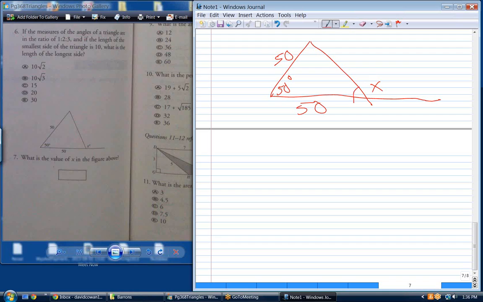So this angle opposite that 50 has to be equal to the angle opposite that other 50. Since this one is 50, what are these two angles if they're equal? 70? That would be 70, 70, and 50, which is 190.